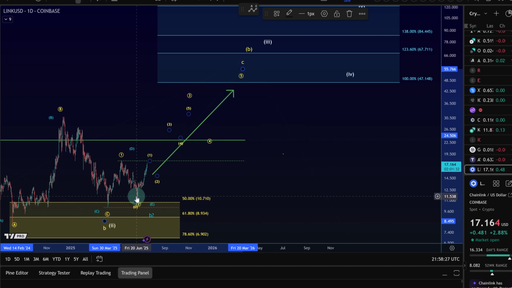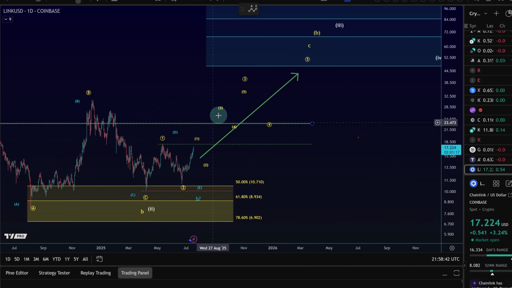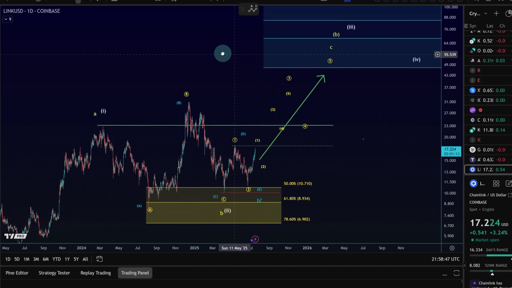And reminder, a C wave to the upside is normally in 5 waves. So this would be wave 1, this would be wave 2, and the next rally would then be a third wave. This is typically the most aggressive rally. So we might have started that actually. 1, 2, 3, 4, 5 in wave 3, then wave 4, 5. We'll see if it really follows through.